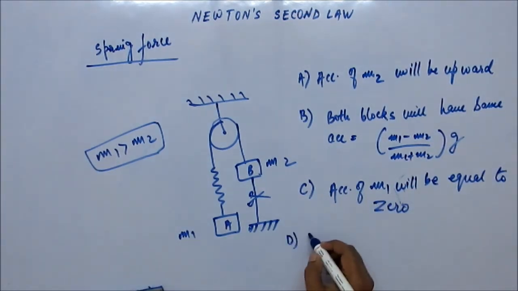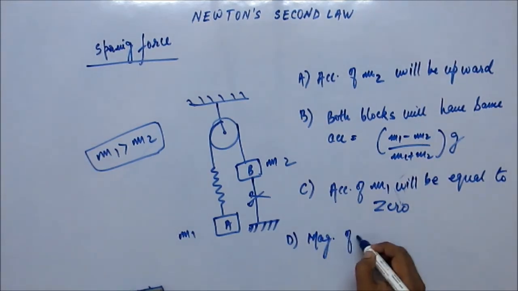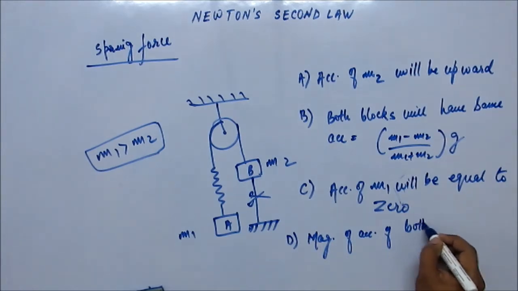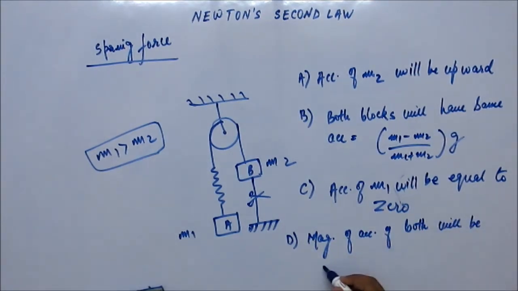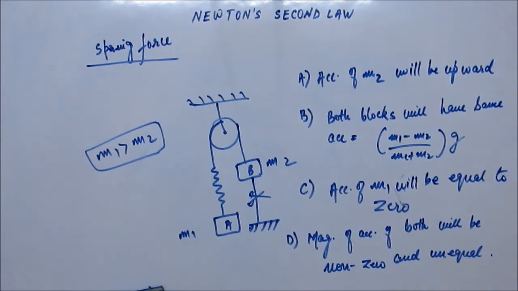And option D: magnitude of acceleration of both will be non-zero and unequal. These are the 4 options, and you please kindly tell me which are the correct options among the given 4 for this given situation.